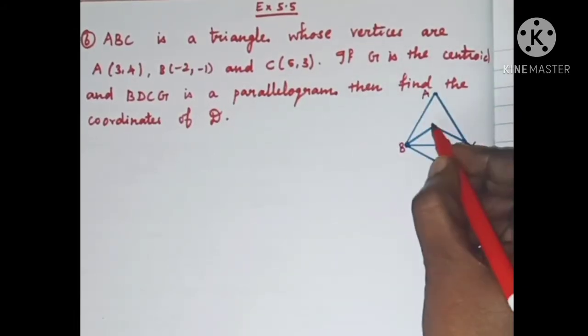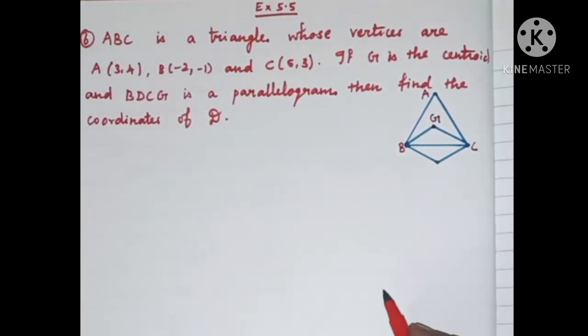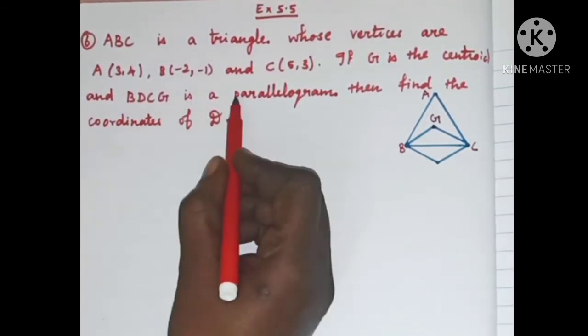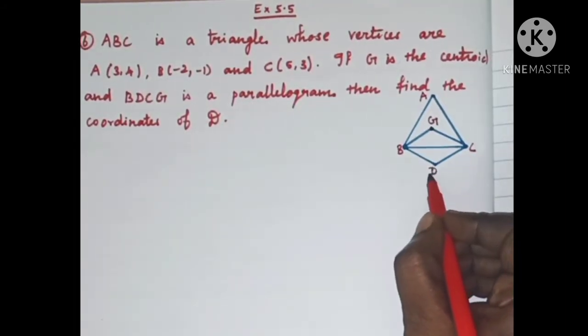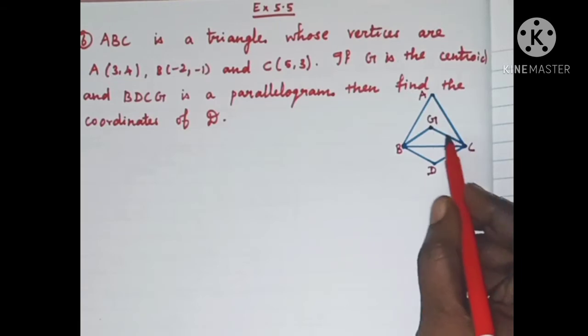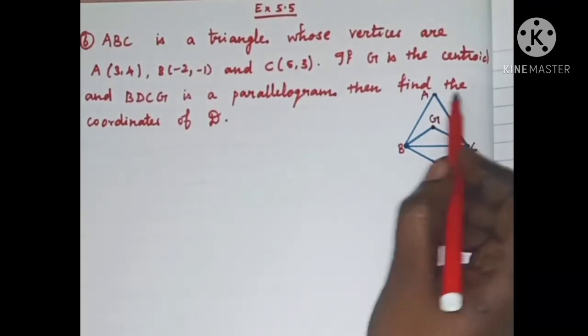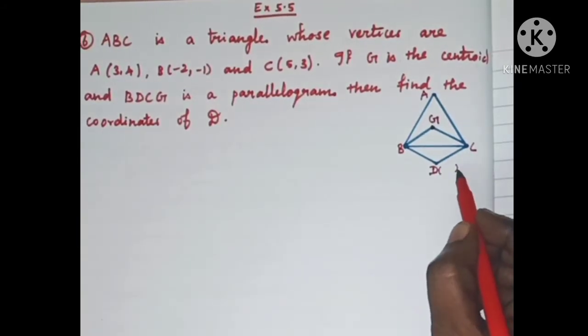This point is your centroid G. Also given BDCG is a parallelogram, so take this point as D. We have to find the coordinates of D.